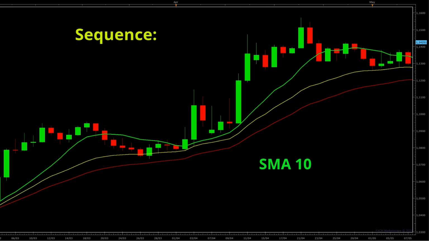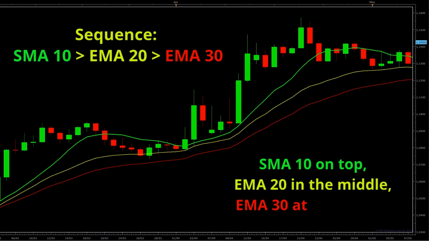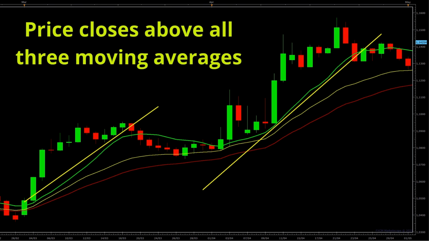And here we can see that perfect alignment directly on the chart. Notice how the green SMA 10 leads the pack, followed by the yellow EMA 20 in the middle and the red EMA 30 providing support at the bottom. This is the exact bullish structure we are looking for. With the moving averages correctly aligned, we now look for the second condition to be met. And right here, we see a candle close decisively above all three lines.